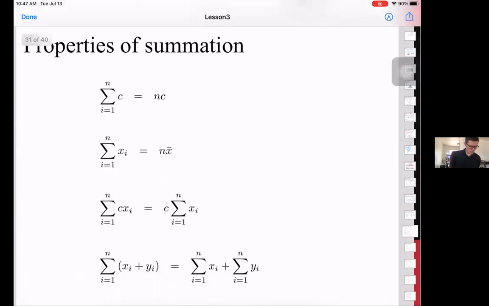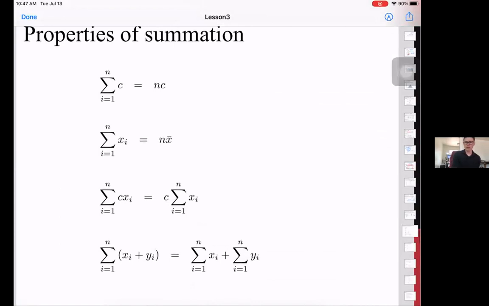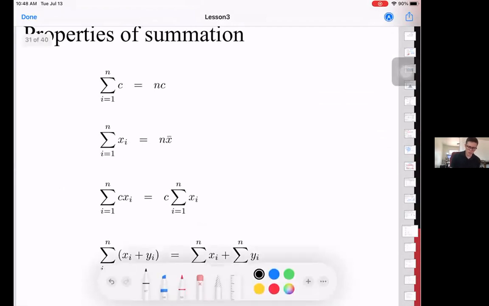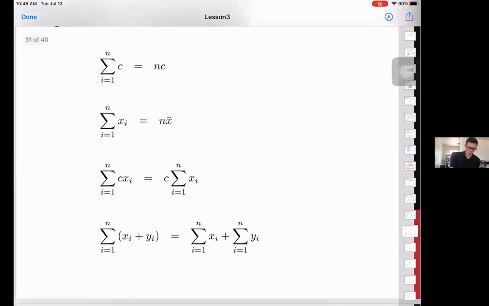So these are just some properties of summation that are going to be really helpful for understanding means and variances and standard deviations and how they're affected, often when we add them together or when we multiply them by something else. So I'm just going to go through these with you and we'll discuss.